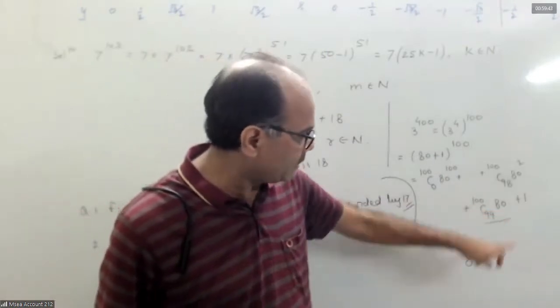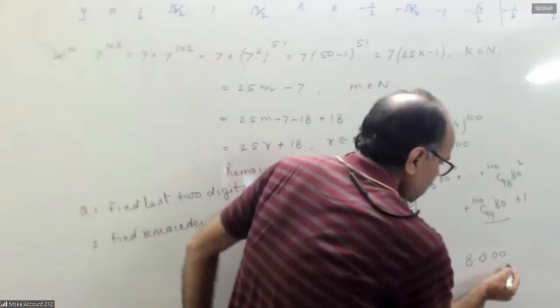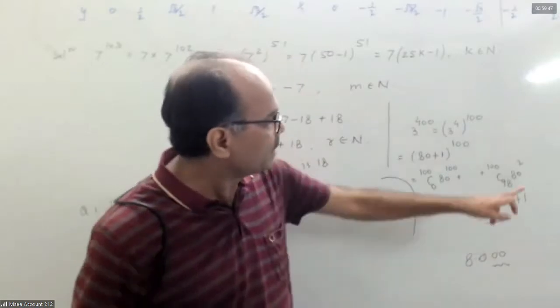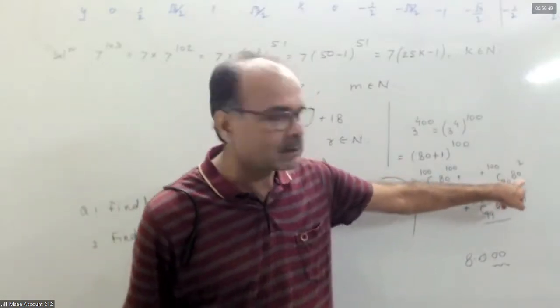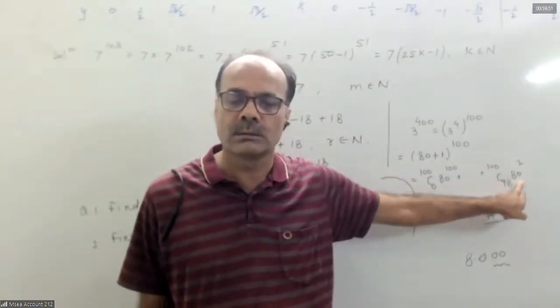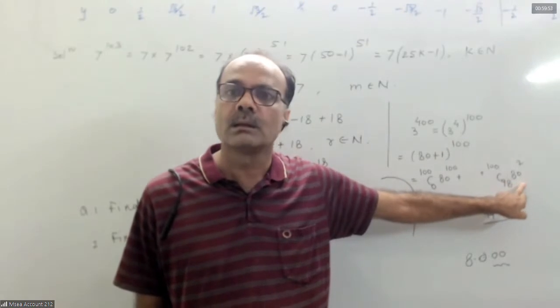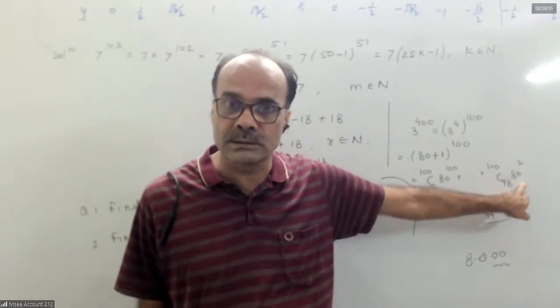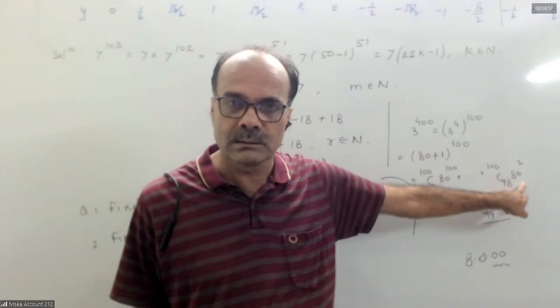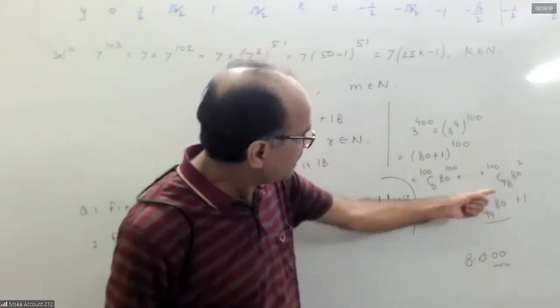So we bother only about the last 2 digits. Here also the last 2 digits will be 0, 0. Here also the last 2 digits will be 0. Like that, others.